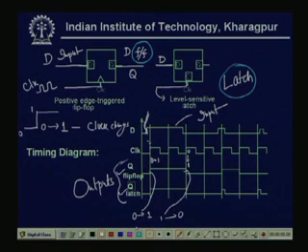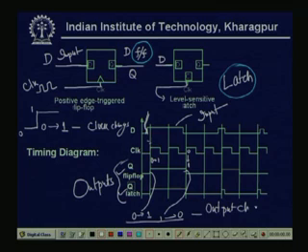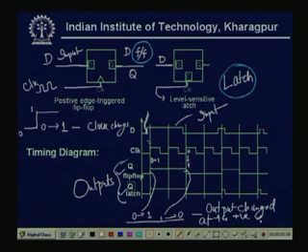And see, both times when the output changes, it is at the positive edge of the clock. So, this is the flip flop. That means we can tell the flip flop is an edge triggered flip flop.